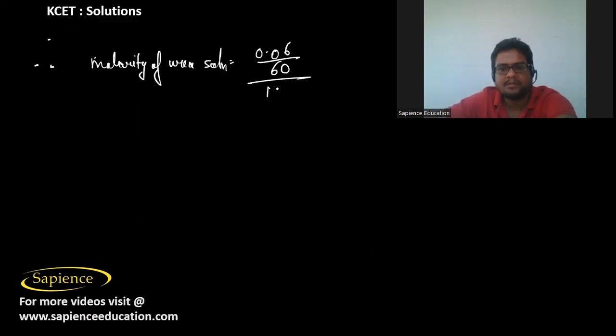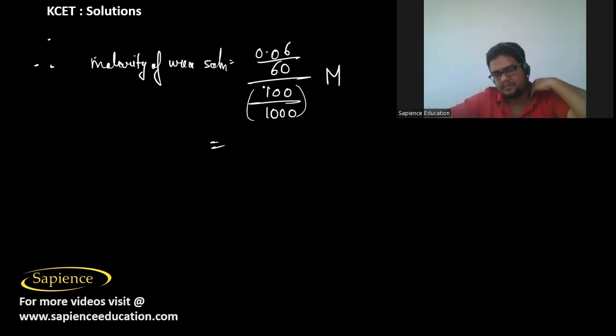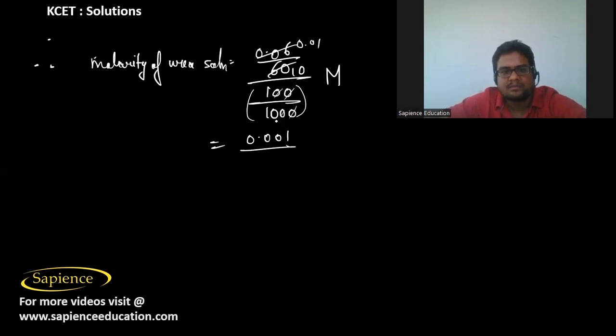We have to keep the volume of the solution in liters, so 100 by 1000. So this will be 0.001 divided by 1 by 10, that is 0.01 molar.